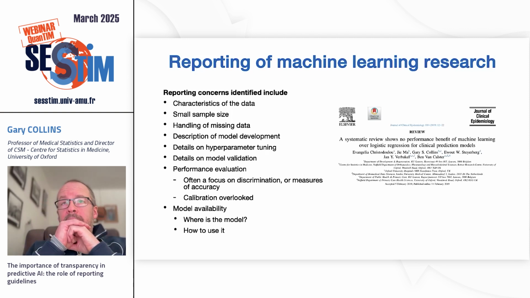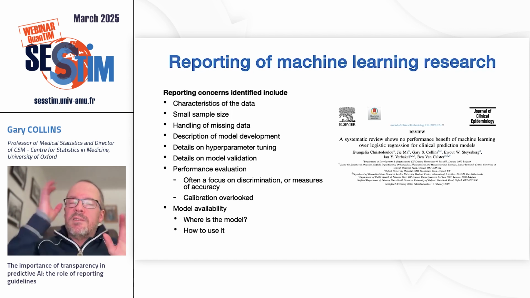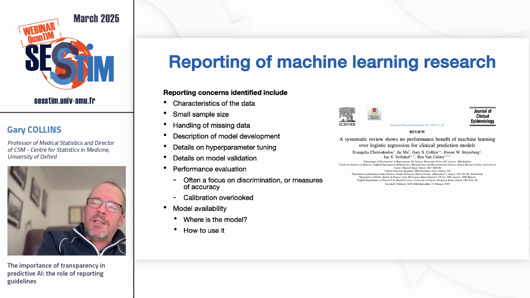We did this study led by Evangelia Christodoulou and Ben Van Calster, looking at whether machine learning methods were systematically better than logistic regression. So we highlighted problems with small sample size, poor handling of missing data, hyperparameter tuning, lack of model validation, etc., and found similar things to what we'd found in the pre-machine learning literature, but then also in those subsequent reviews of the machine learning literature, we found the same kind of problems.